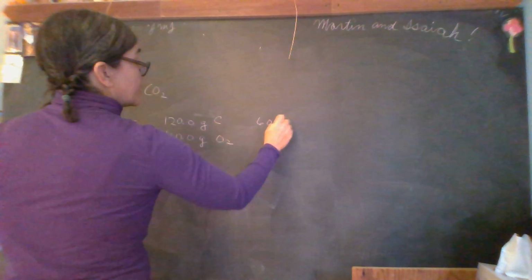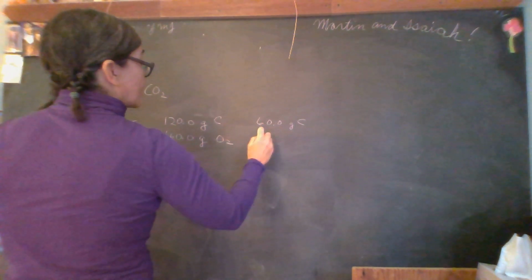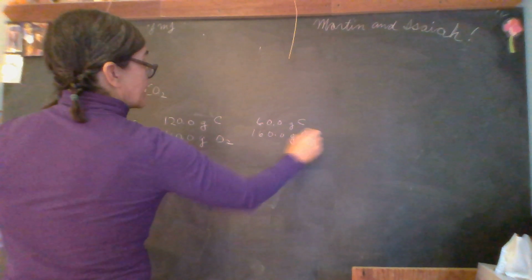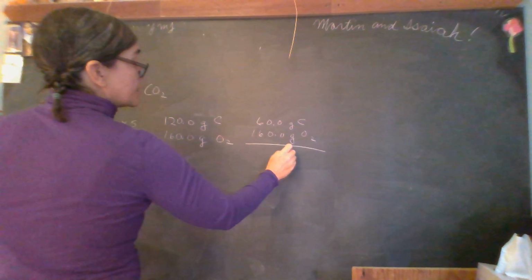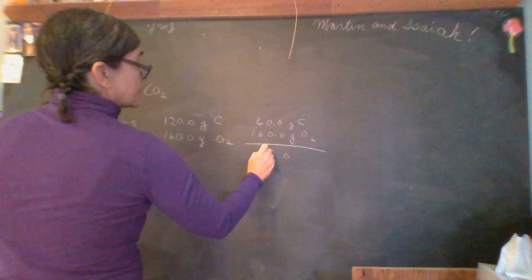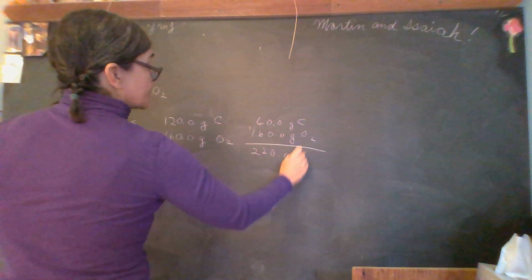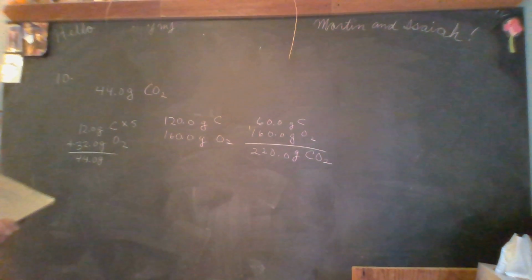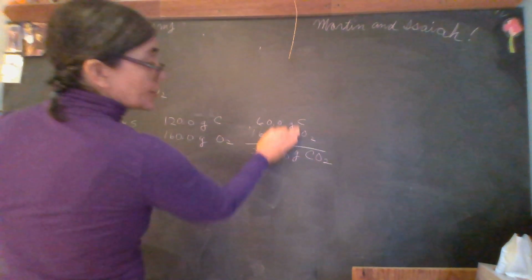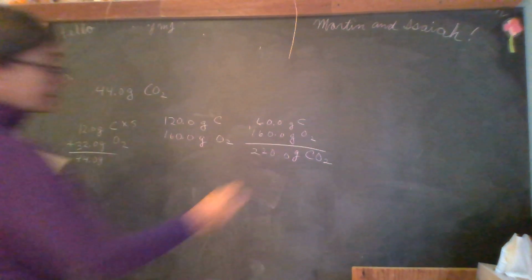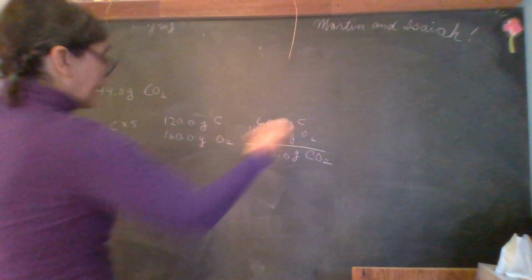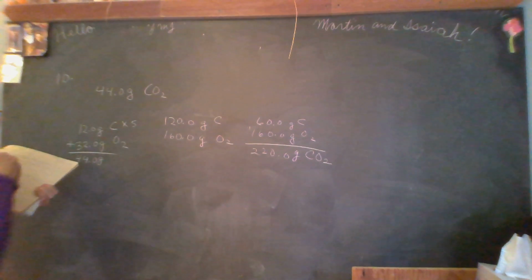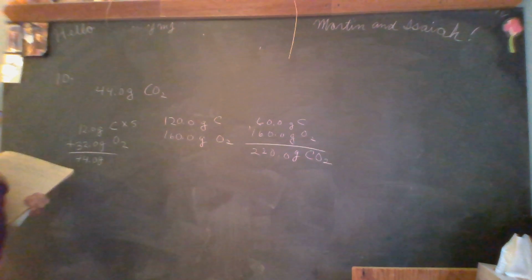So 60 grams of carbon will interact with 160 grams of oxygen, and that will give us 220 grams of carbon dioxide. And these aren't units, so I'm not adding units. Those are the names of the substances.